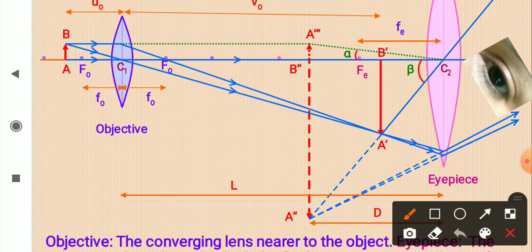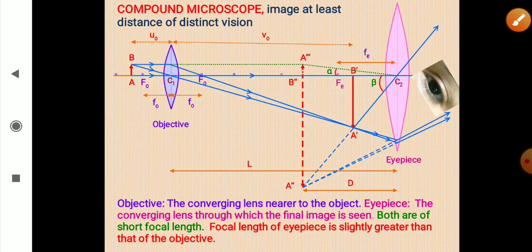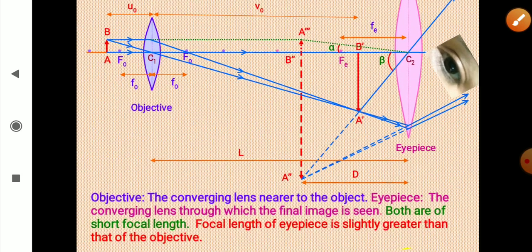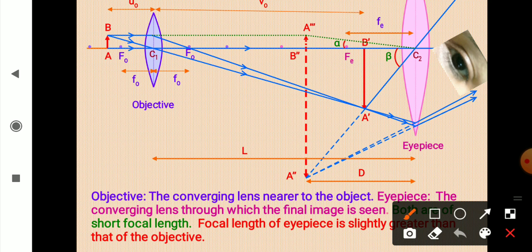See here, this is the final image distance, this is the focus of this eyepiece, and the remaining distances we will look for again and again. You see here. Now what is this objective?